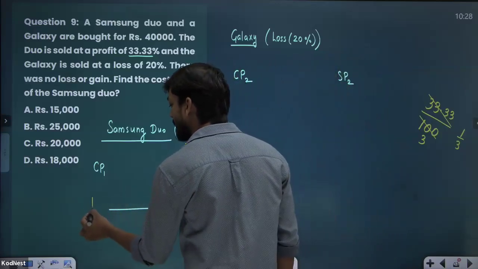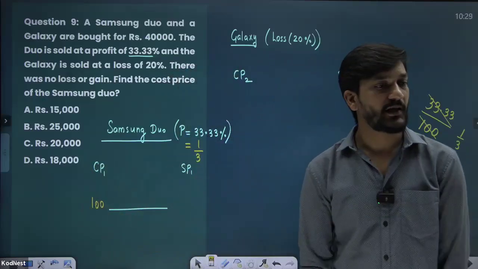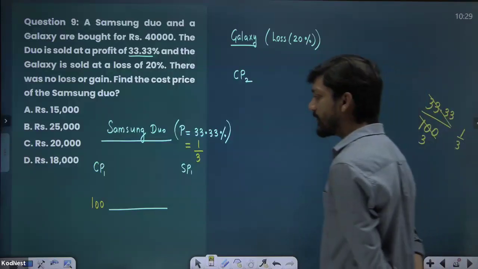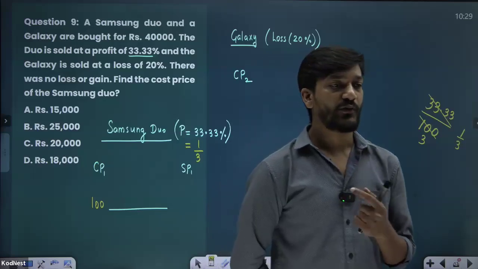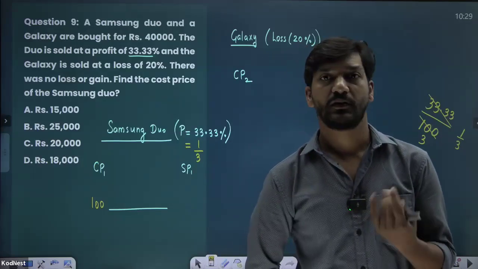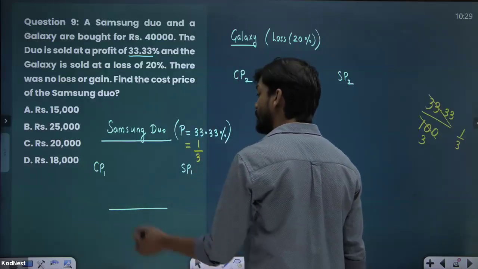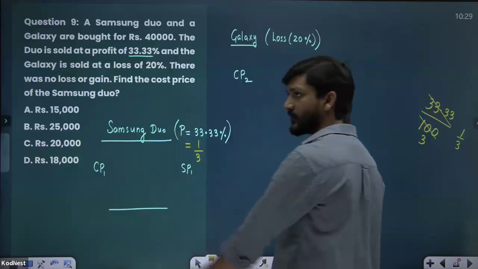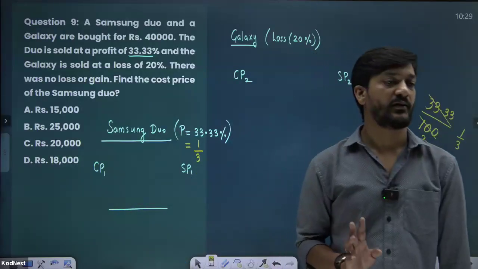I want to take a value. 1/3 of 100, will it be an integer? Because 1/3 is the profit. No. So tell me a number so that when I calculate 1/3 of it, I will get an integer. What should I take?